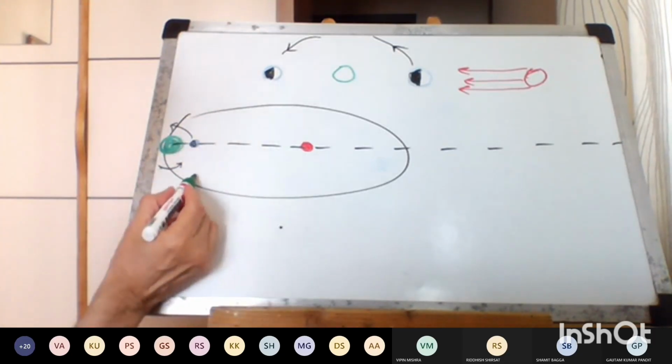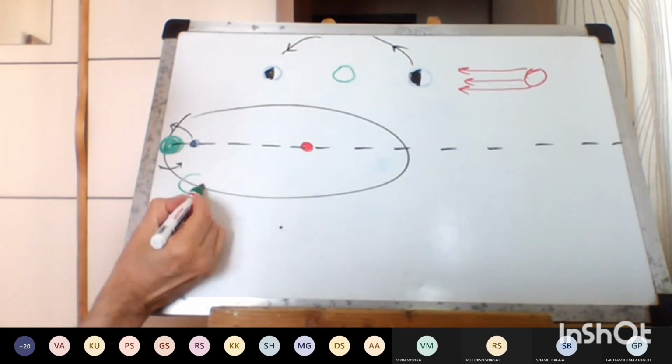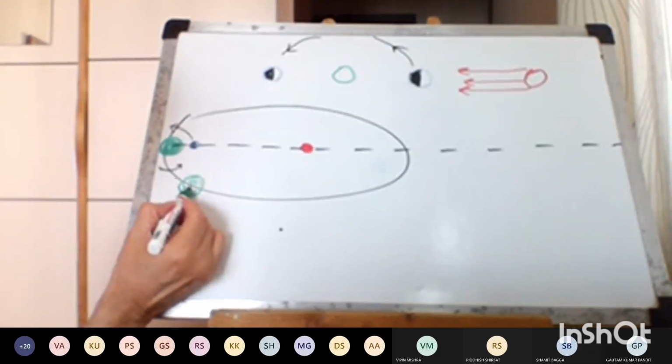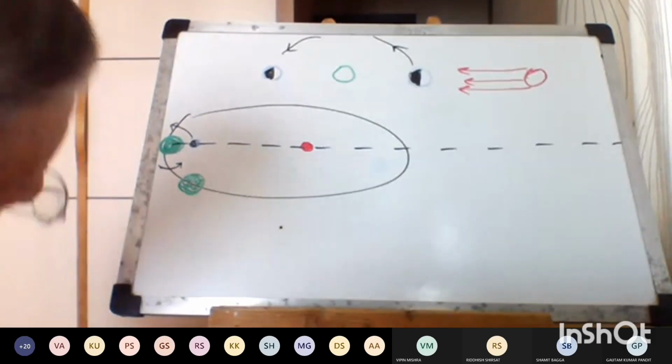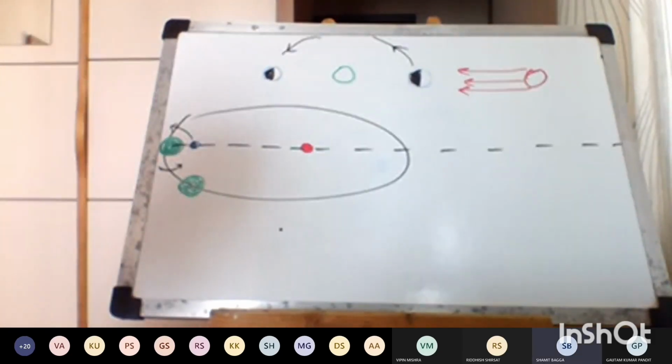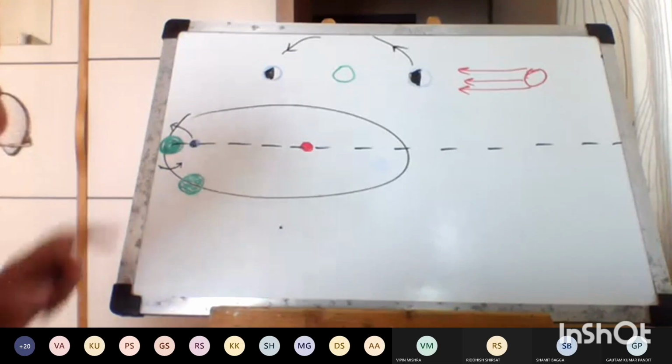The Earth has moved here. The Earth has come here in 1 month's time. Yes or no? Yes, sir. While the moon is revolving around the Earth, in 1 month's time, the Earth has moved here.